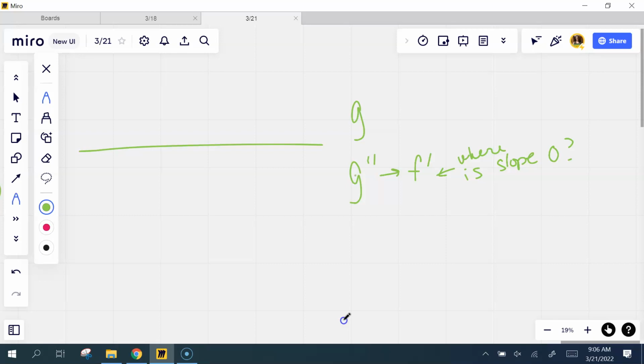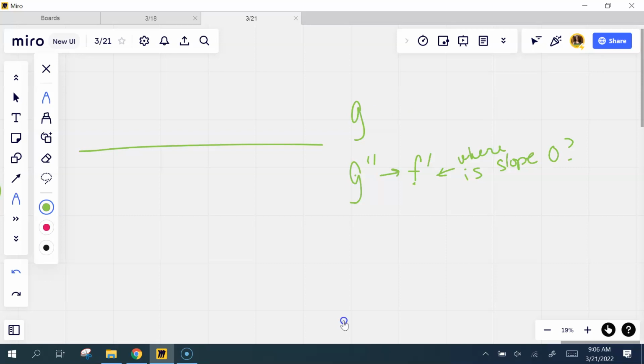The second derivative of G is the same thing as the first derivative of F. So you're looking for points of inflection for the graph of G. And G is the derivative of F? No, G prime is F. G would be the integral of F. This would be going backwards, so don't think about that one.